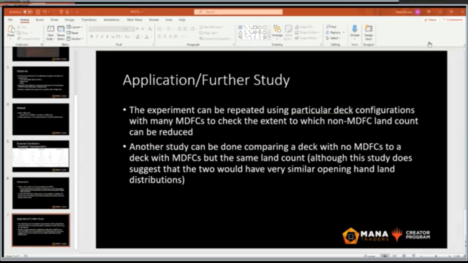Now, if you're asking how that's affected by the presence of modal double faced cards, yeah, if you can find 20 modal double faced cards that are good enough for your deck, like an aggro deck, for example. But that's unlikely, right? Then you can just have 20 basic lands, and you can expect to often draw exactly two basics.